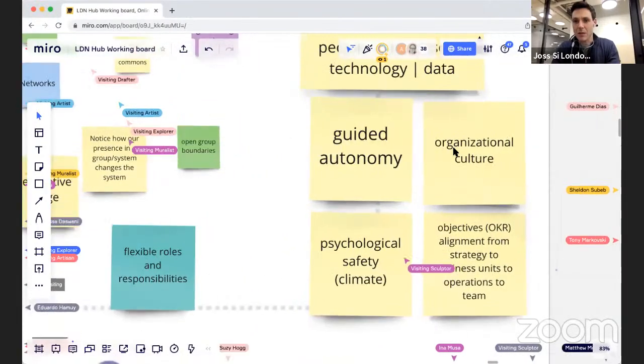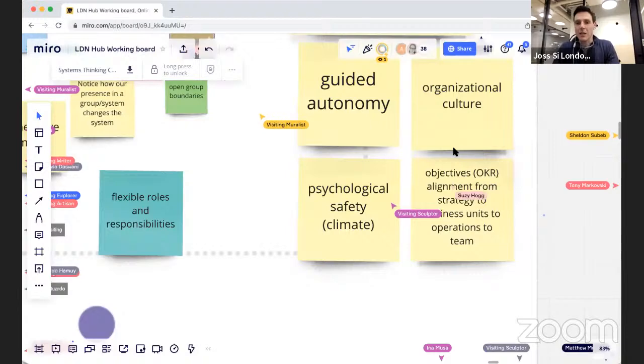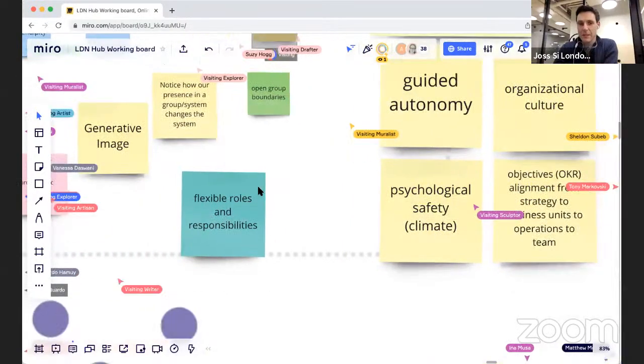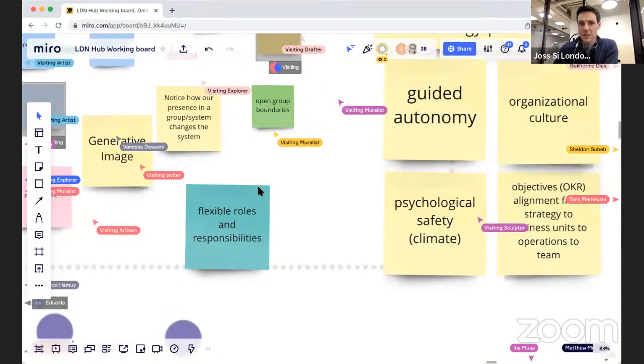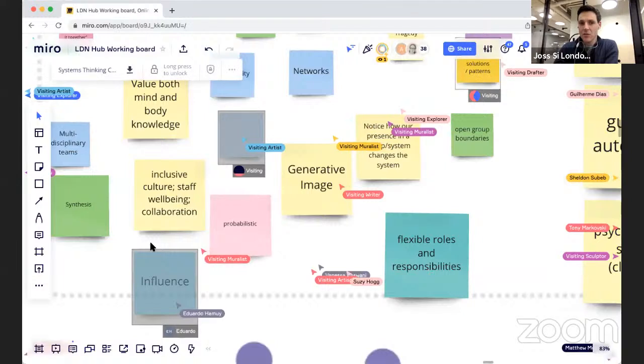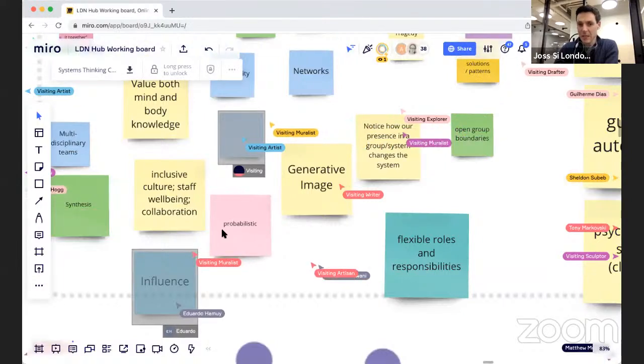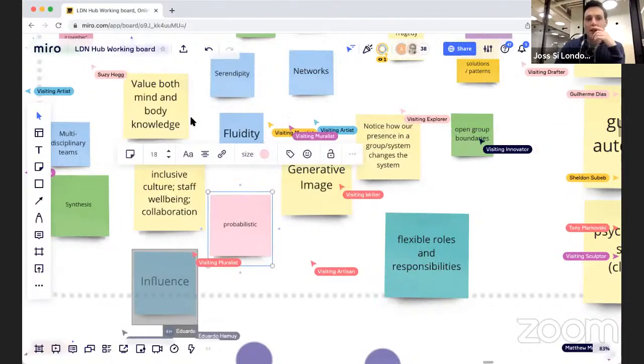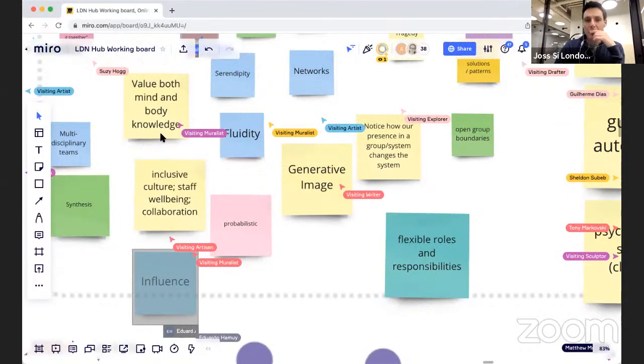Culture could be part of that. Psychological safety, flexible roles and responsibility. Generative image. Inclusive culture, staff, well-being, collaboration. Value both mind and body knowledge.